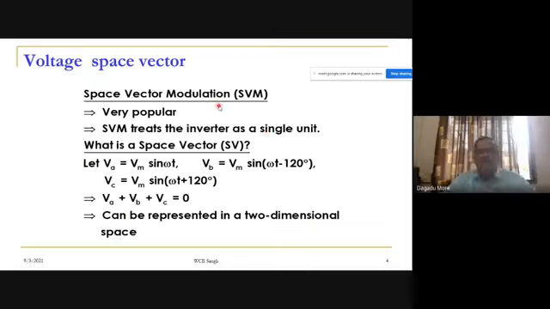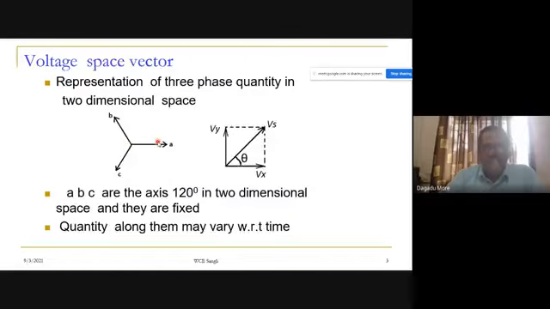Now we can go on to how to obtain the space vector. We have just discussed what is meant by the space vector. Let VA, that is the voltage along the A phase, be Vm sin omega t, and this voltage is along the A axis.